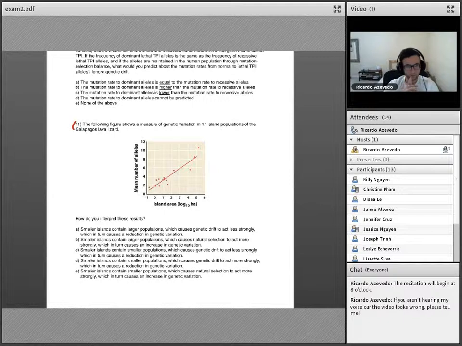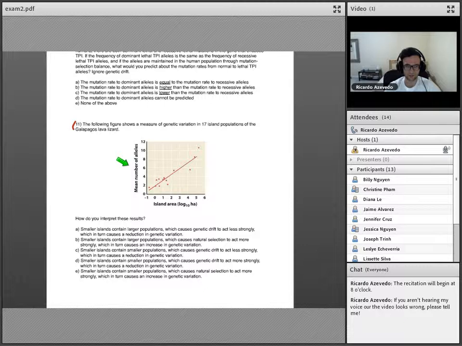So 11. The following figure shows a measure of genetic variation in 17 island populations of the Galapagos lava lizard. On the y-axis, we have the mean number of alleles. That could be heterozygosity for you, it doesn't really matter. So genetic variation.